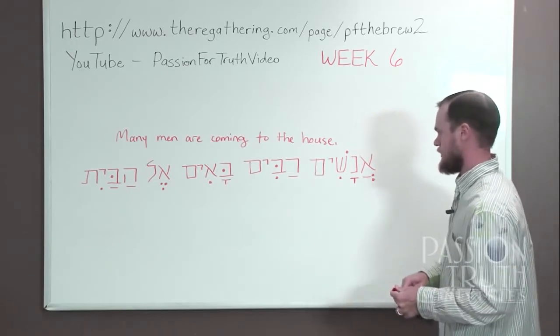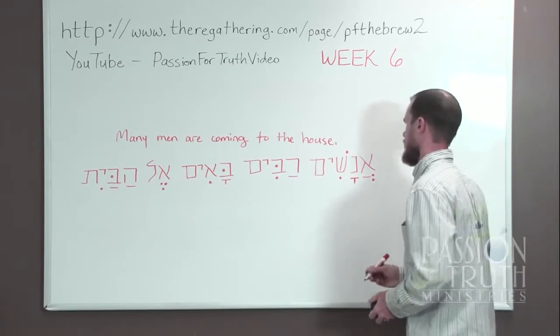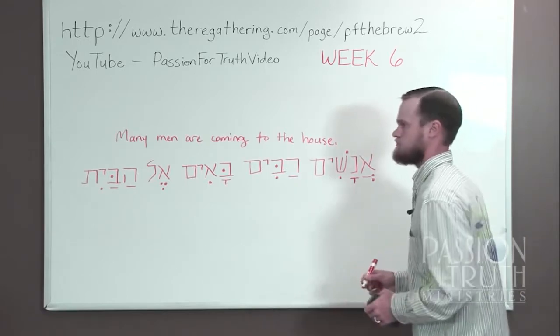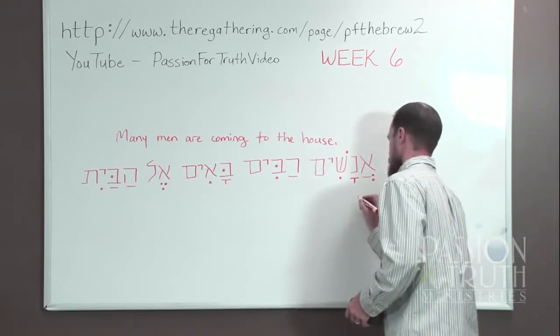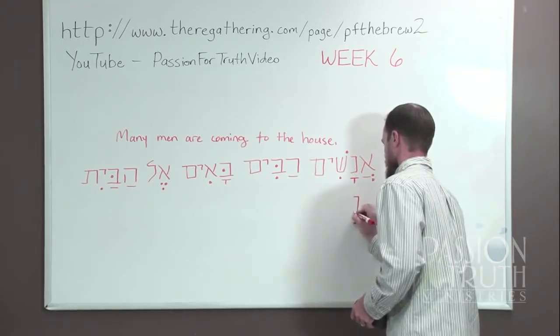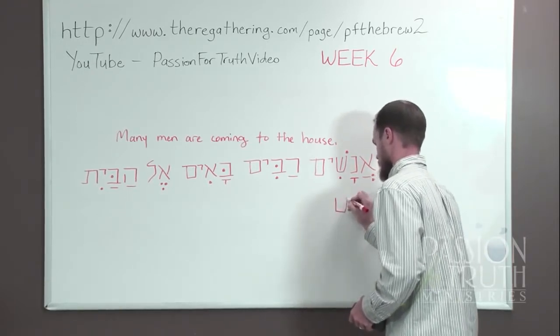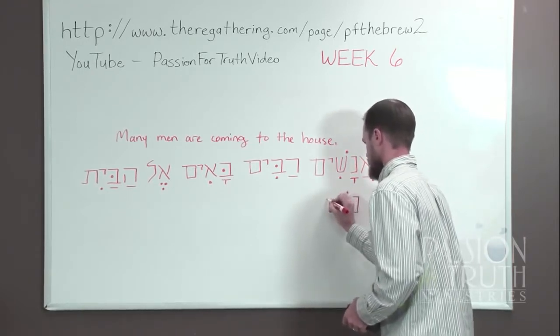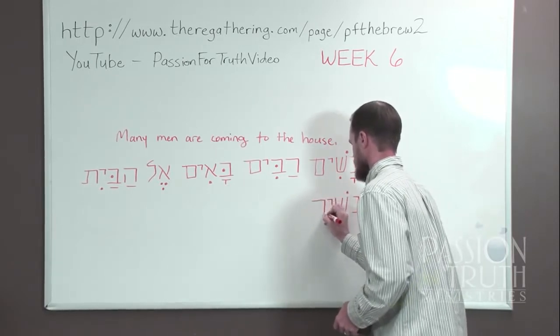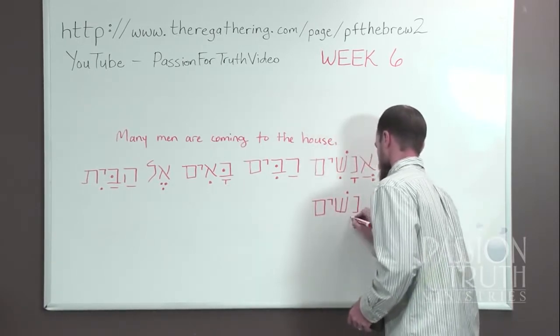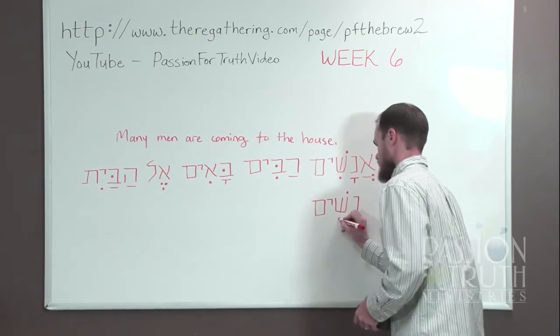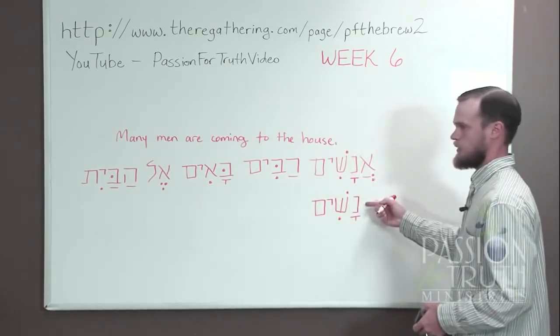All right, how about another example? Let's just change this to many women. So the plural of women, another irregular, nashim. This is irregular, again, for two reasons. Number one, this nun appears out of nowhere.